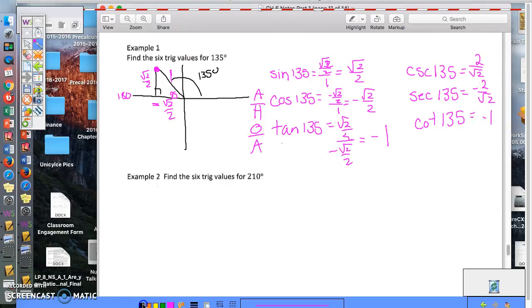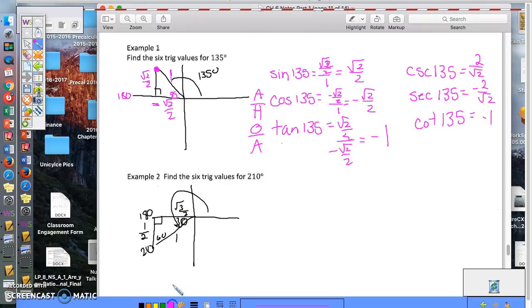So this next one, it says 210. So 210 would be in this quadrant, all the way over to here. If we make a right triangle, again 180 down here was 210, our reference angle is 30, hypotenuse is 1. Well, we know opposite 30 is half, so this has to be root 3 over 2.